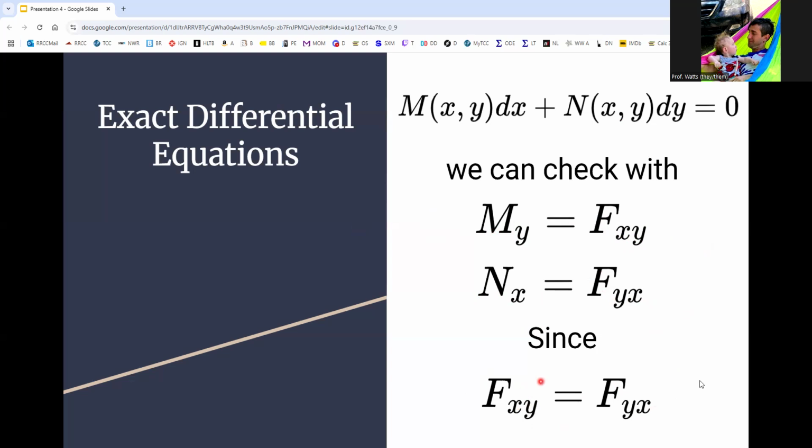And Clairaut's theorem says that these should be equal under certain circumstances. So again, given the differential equation, we can put it in differential form, identify M and N, take these partial derivatives, and check for them being equal. And then if it's exact, we can proceed to find this function F via integration.